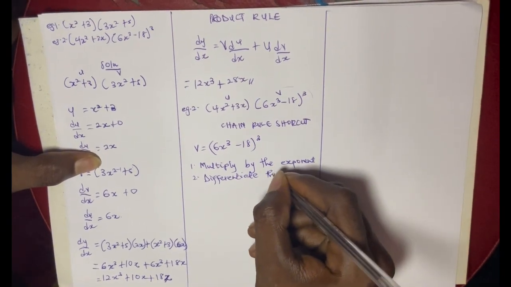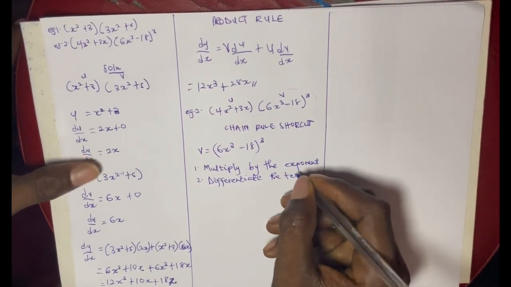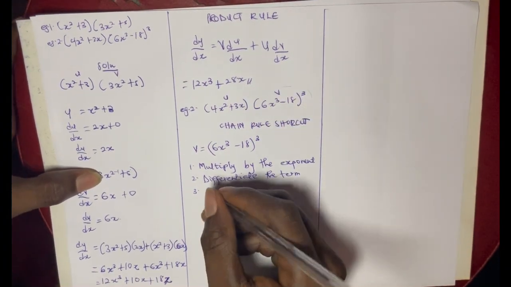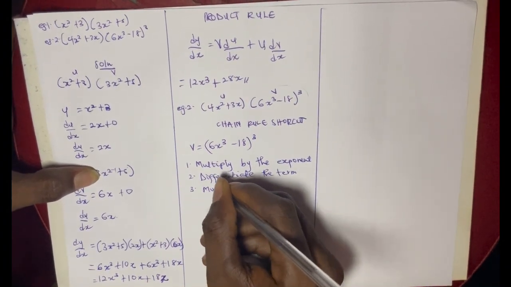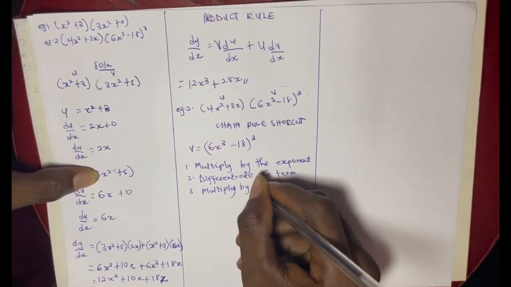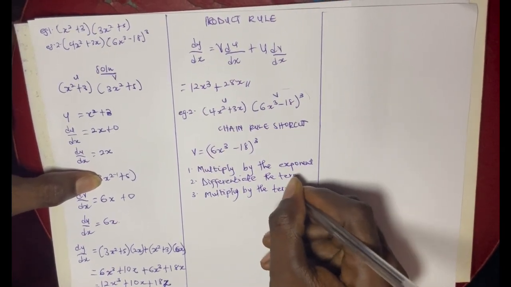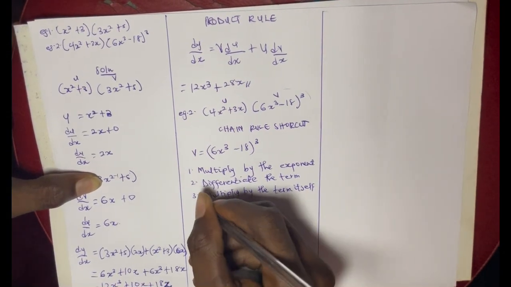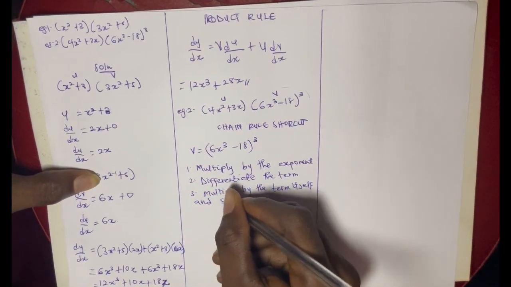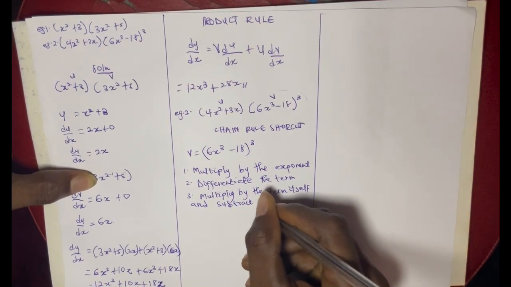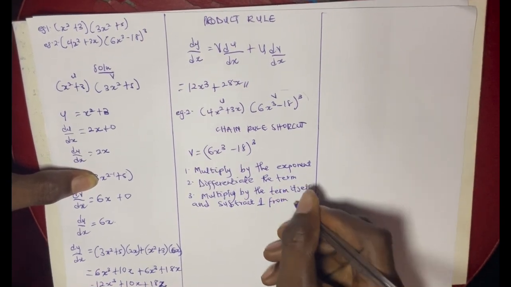And also, multiply by the term itself, and you subtract 1 from the exponent.